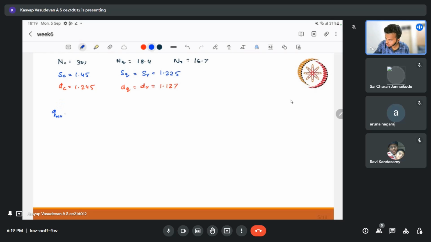qu is equal to, first c Nc. c is equal to 15, Nc is equal to 30.1, Sc, Dc, Ic.